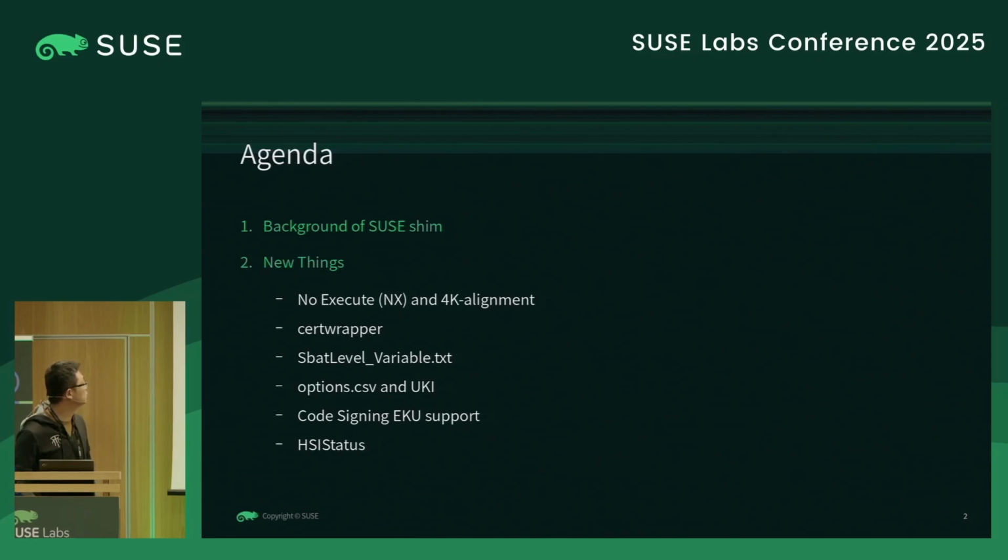describe some background of the SUSE Shim, and then some new things like the NoSQL, 4K alignment, and the certificate wrapper, and the SBAT label, variable test file, and the options, and the UKI, and the Signing EKU support, and the HSI status.